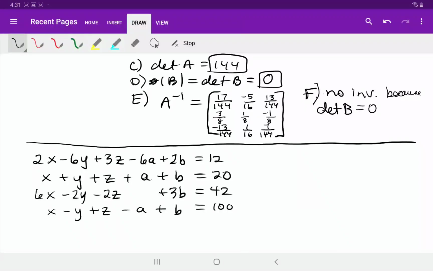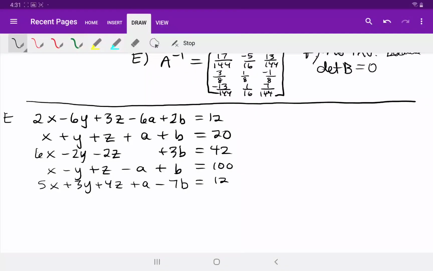And what could another equation be? 5x plus 3y plus 4z plus a minus 7b equals 12.